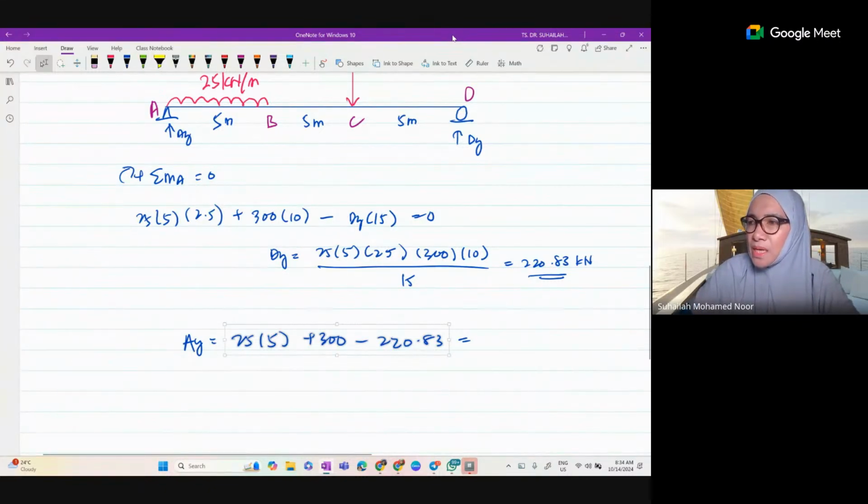Please calculate for me. Come on, we have to go fast so that we can finish this example until the end. Please calculate 25 times 5 plus 300 minus 220.83. What is the answer?